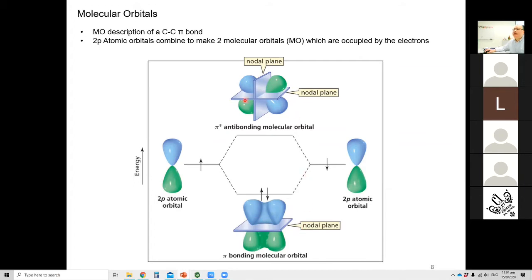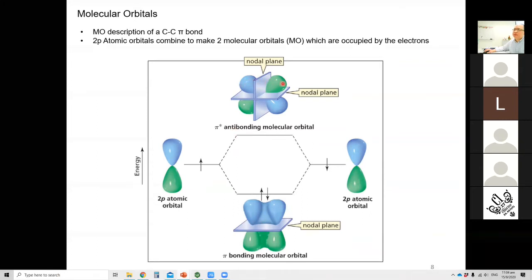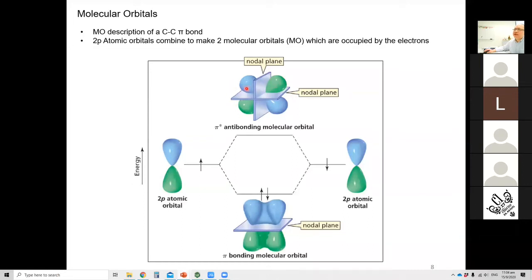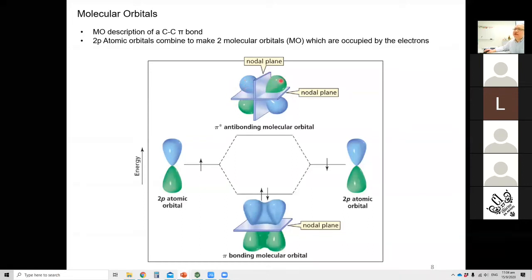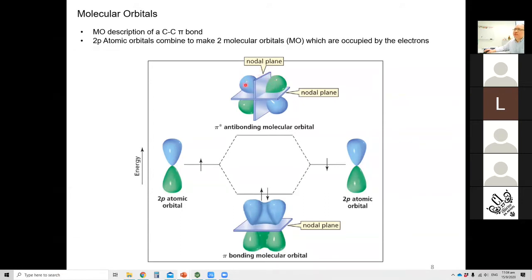So you have a bonding orbital, then you have an anti-bonding orbital. You can see the color is different because they are not bonding. So this is blue, this is green. Because they are of different colors, they cannot bond. Okay, so this is just an MO description of a pi bond, and we'll come back to it a little bit later.